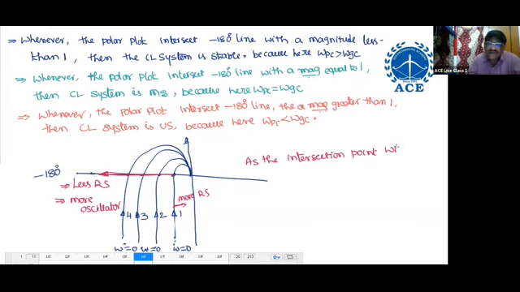As the intersection point with minus 180 degrees moves towards minus infinity, then the system is less relatively stable.